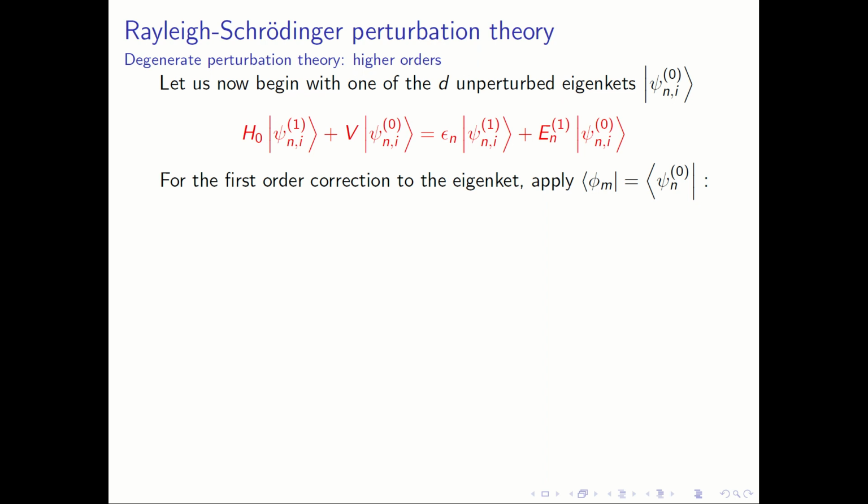So if you know all the components of any ket in the direction of the phi m's, then you can just write down that ket in terms of the phi m's. That's a standard basis usage.